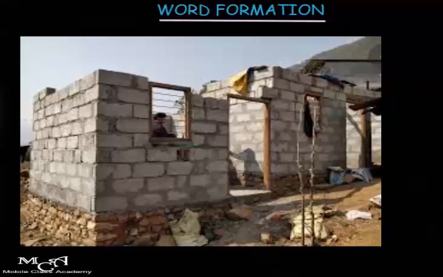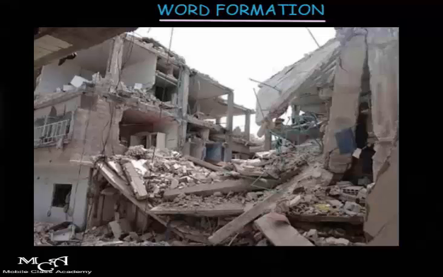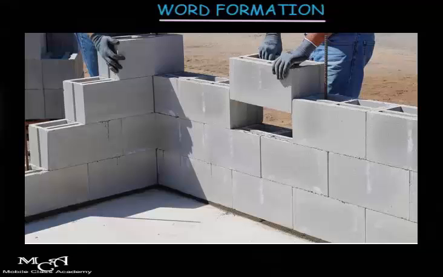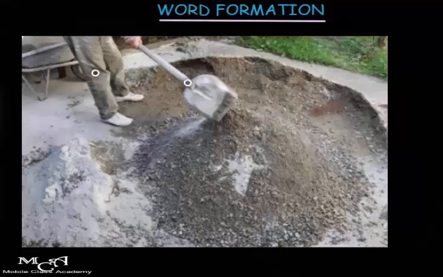So if these blocks are not properly arranged, what will happen? The house will collapse. Now let us say in building, a house is the end result. So in language, house is meaning. What makes up these blocks that we use to build houses? You discover that we need cement, we need sand, we need water.